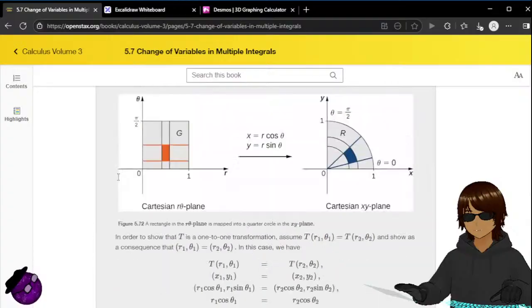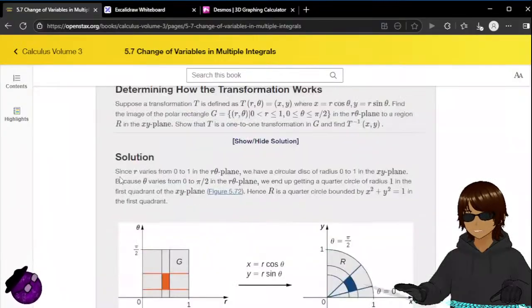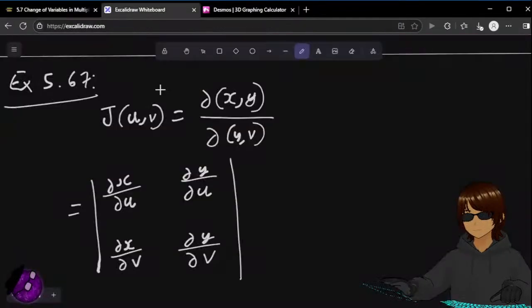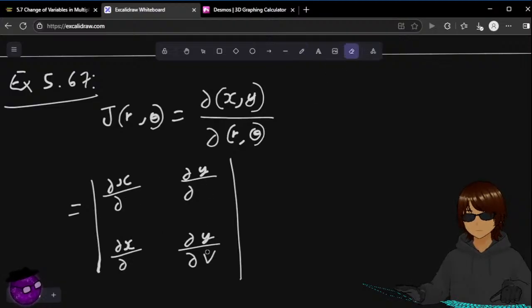You're doing it with r and theta, right? r, theta.